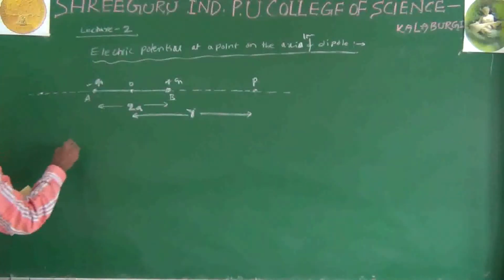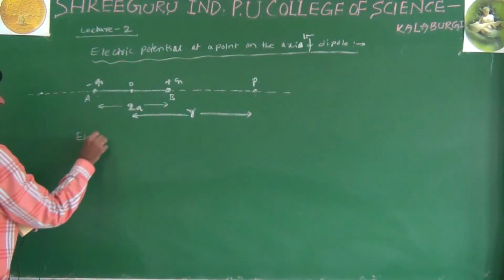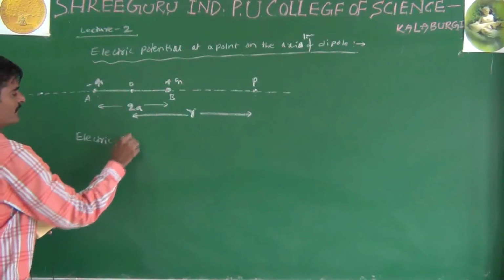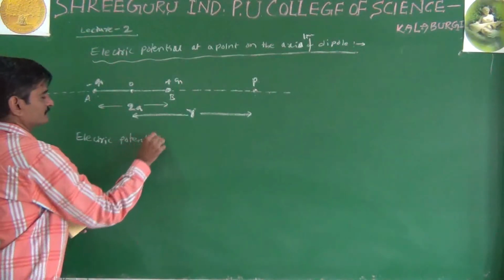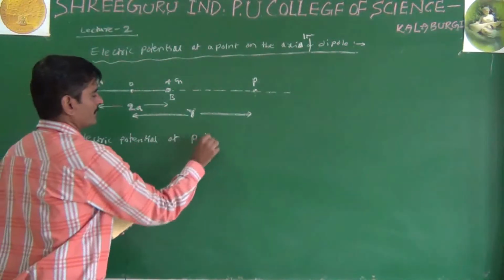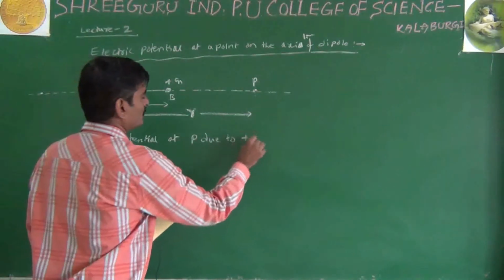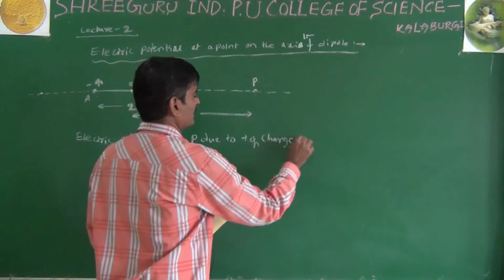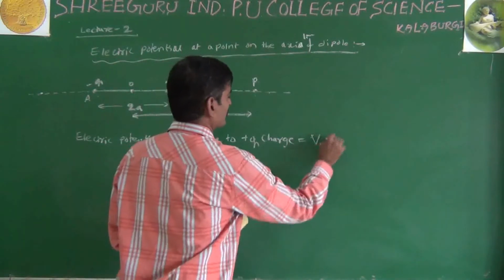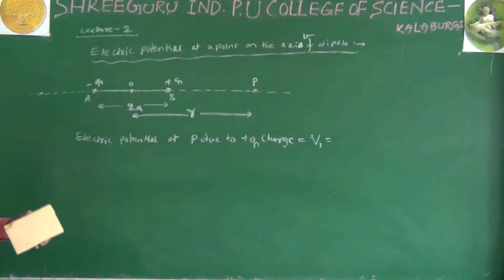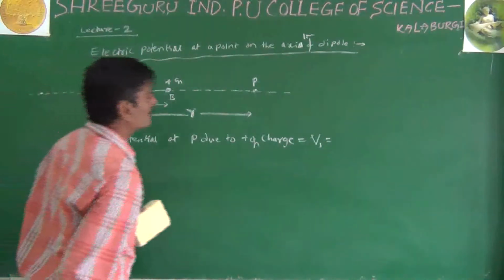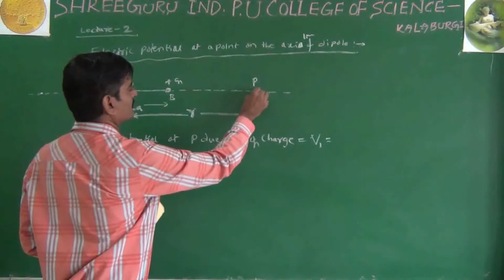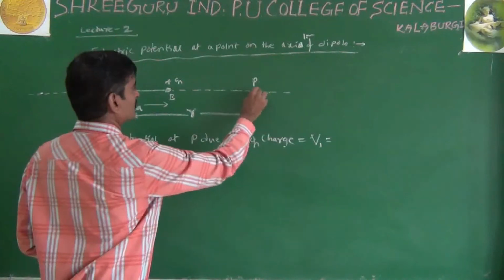So first, electric potential at P due to plus q charge. I will call that V1. Electric potential at point P due to plus q charge.